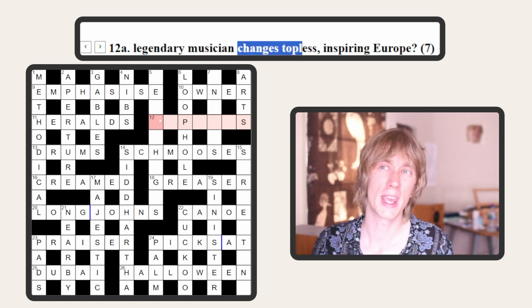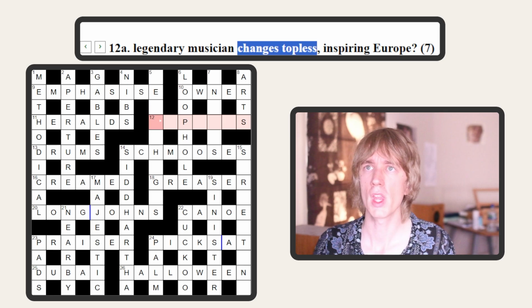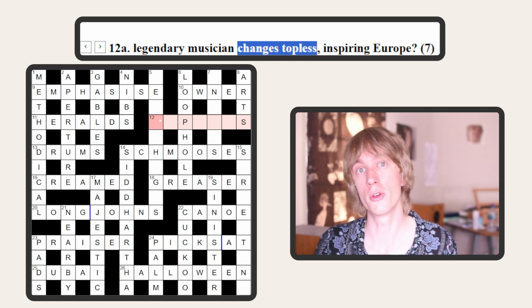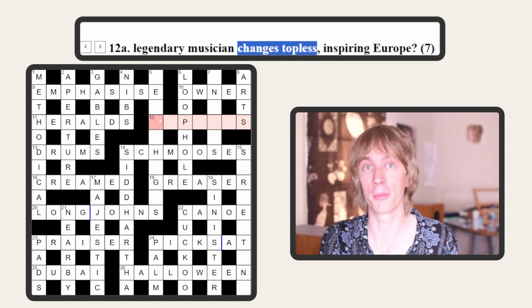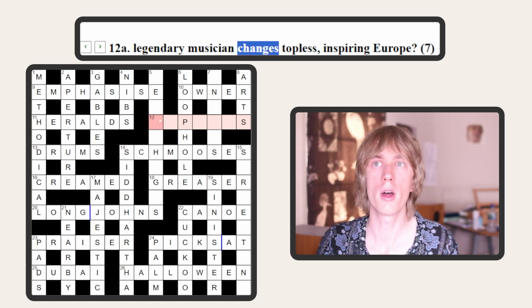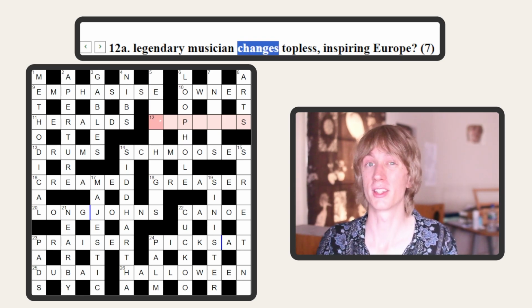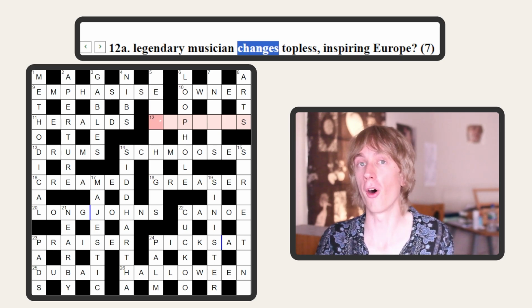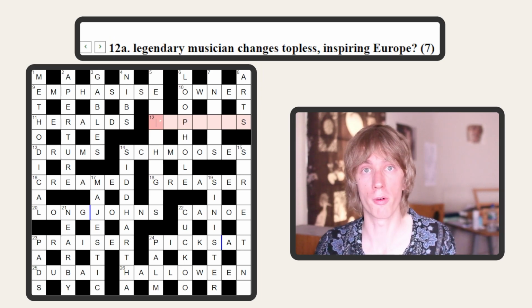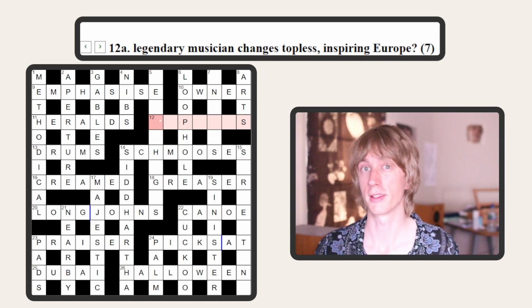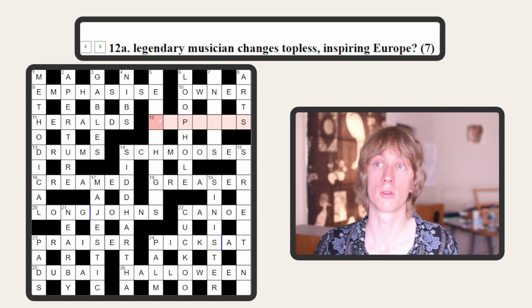Okay, so let's think about changes topless then. If something's topless, it loses its lid, right? It's not that it has its shirt off, it's that it doesn't have its top. Okay, so we're looking for a word for changes, and then we're going to take the first letter, the top, off of that word. And a word for changes is morphs. If you morph, you change. So we remove the first letter from morphs, and we get orphs.